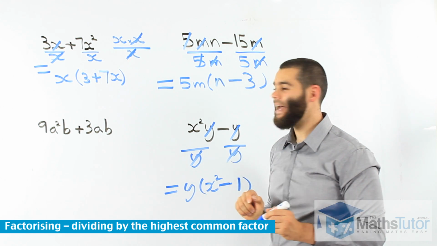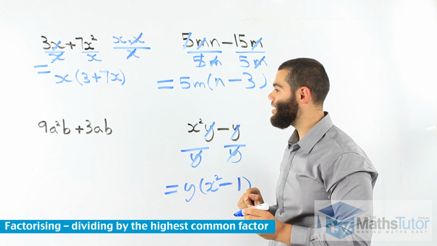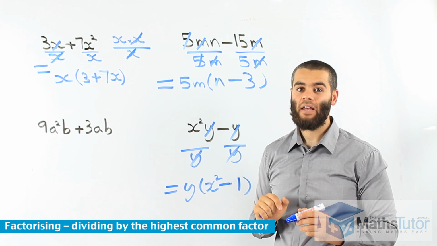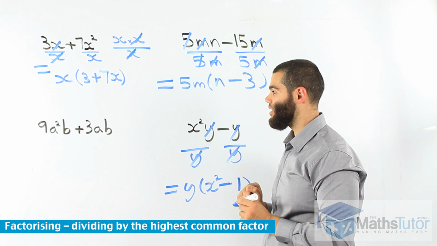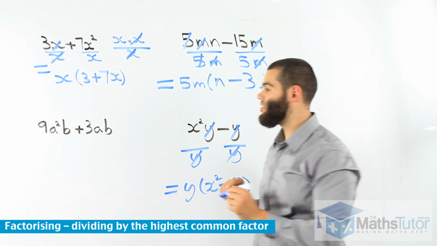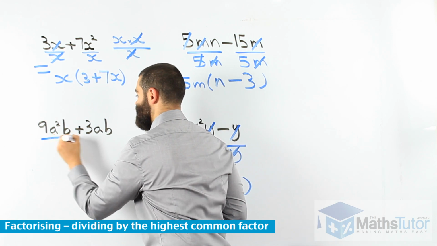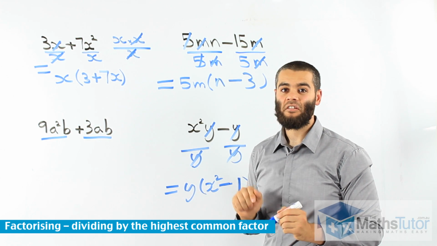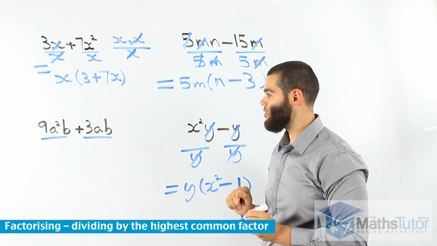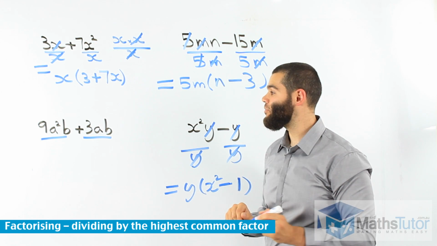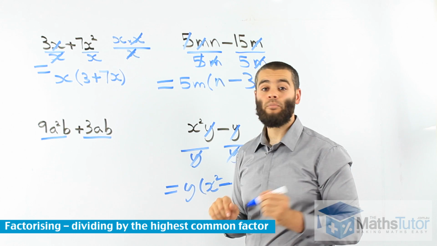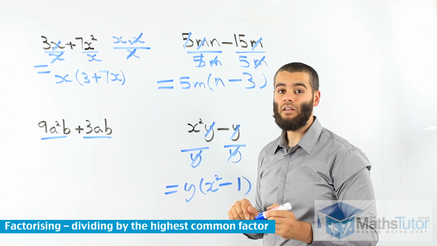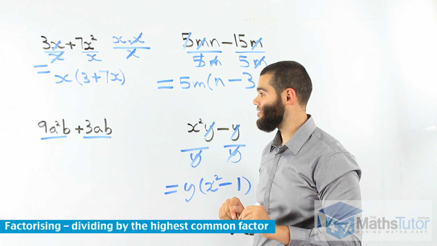Here we have 9a squared b plus 3ab. Look at it carefully. Think, what is the highest common factor? The questions you're going to come across, they may be like any of these. So it's very important that you master all of these. 9a squared b plus 3ab, we are asked to factorize.